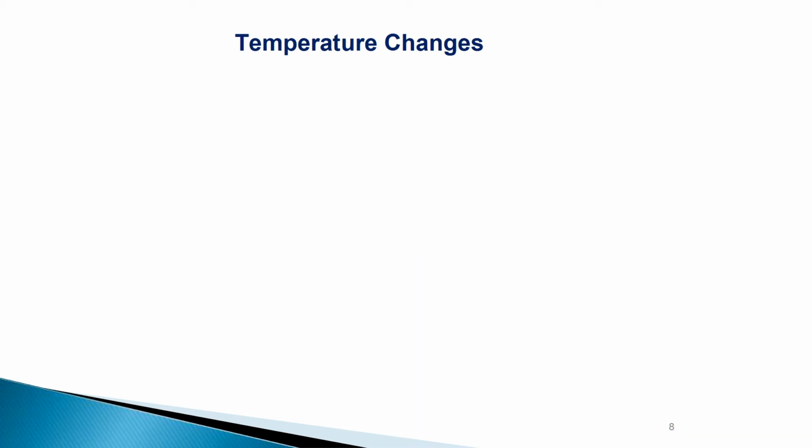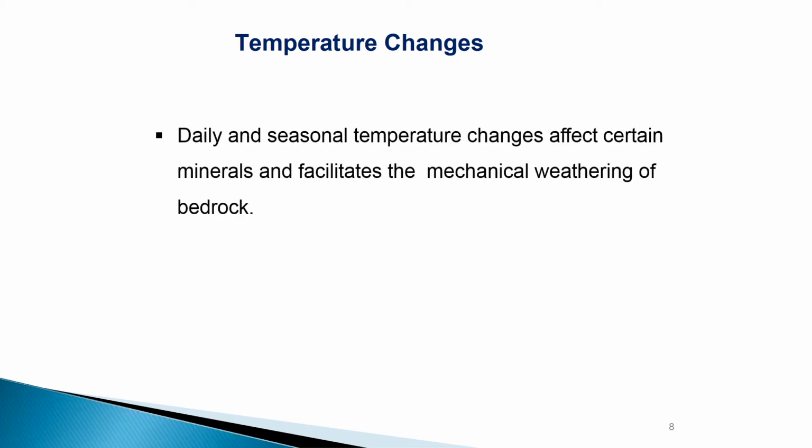Okay, now we come to temperature changes. Daily and seasonal temperature changes affect minerals and facilitate mechanical weathering, because we have morning temperature, night temperature, and also winter temperature and summer temperature. So these variations in temperature affect this kind of mechanical weathering.